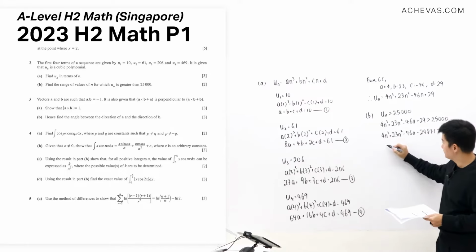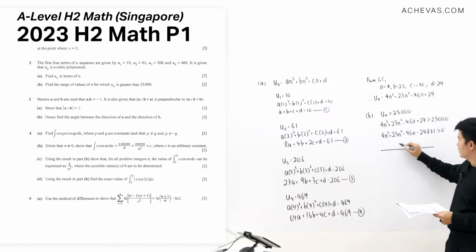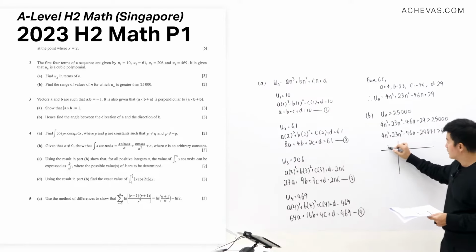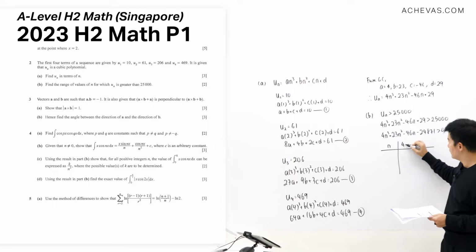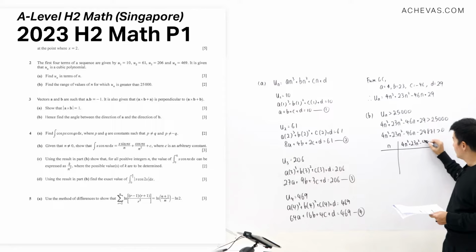So for this, from the table, we will be looking at all the different values of n, and the calculator will be generating for me the corresponding value of this. Let me write it down as the header here. So this is 4n to the power 3, 23n squared, minus 46n, minus 24871.